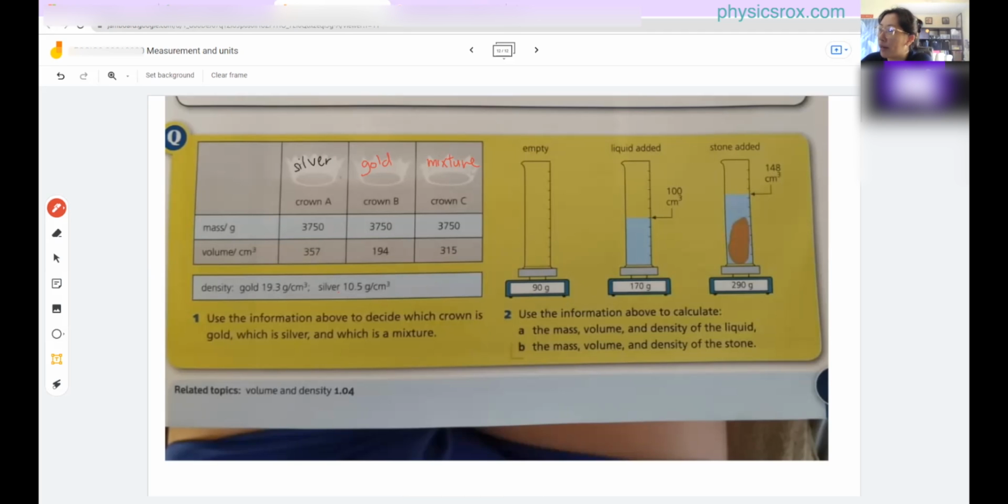Yes. So that's why A is silver. But then B, if you count 3750 divided by 194, do you get 19.3298969072? Oh my God, my number is very long. You try and see, you take this number, divide by this, you get 19.3 something. Everyone try now.